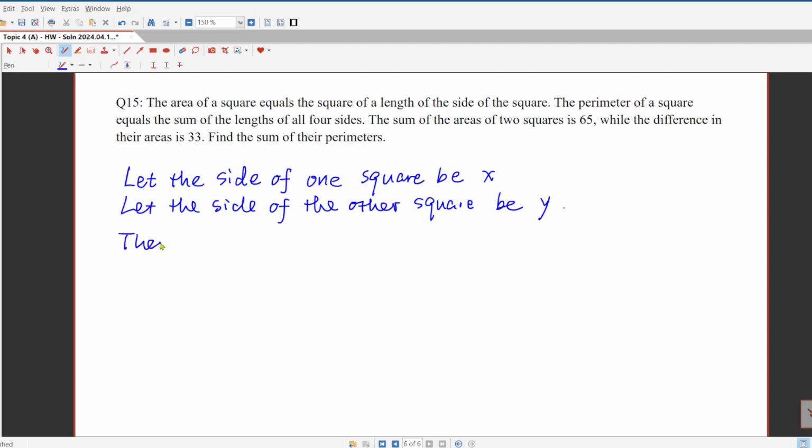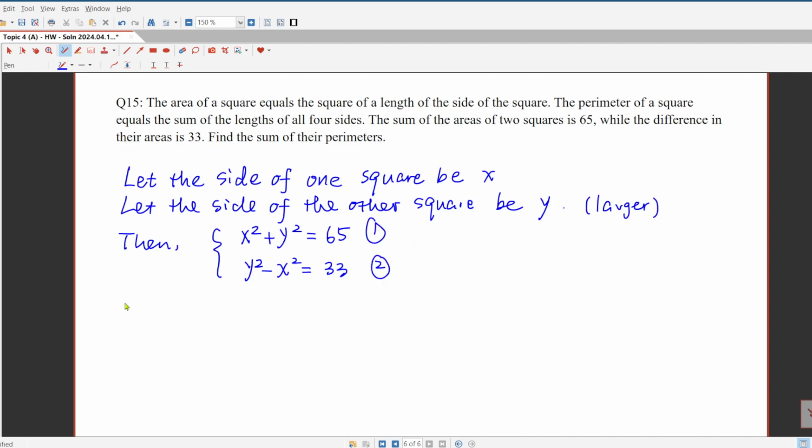Then according to the given information, we have, first of all, x squared plus y squared equals 65, right? And let's suppose this is the larger one. Then we have the difference equals 33, right? Two equations, two unknown variables, we should be able to find both of the variables.